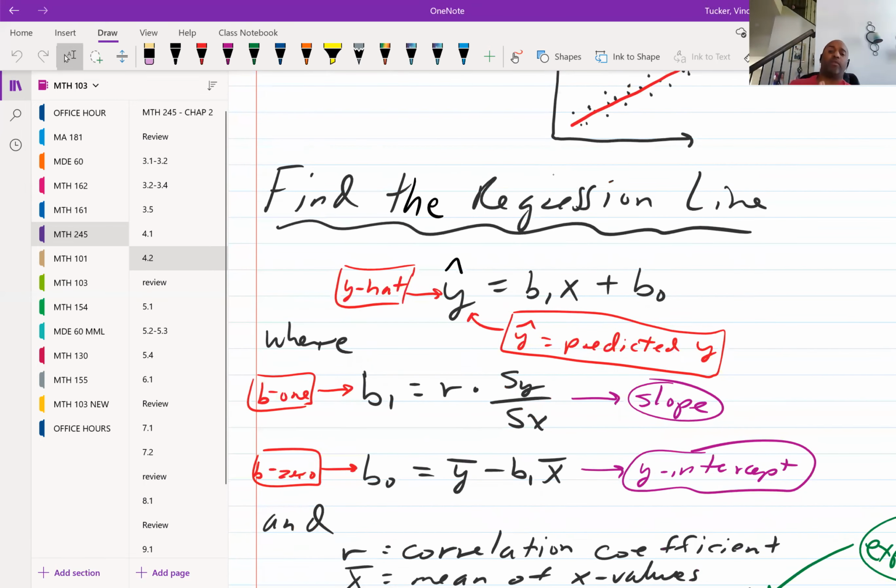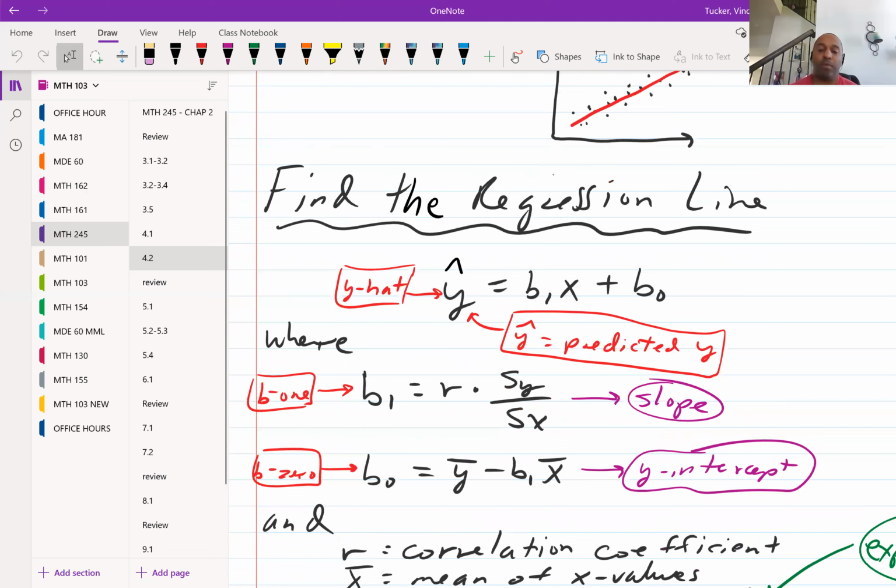Okay, so finding the regression line, y with that part of a triangle hovering over it. Sometimes it's called a caret, sometimes it's called hat. So, normally we call that y hat. If you have that, like I said, two pieces or two lines of your triangle missing that base, that's considered y hat.